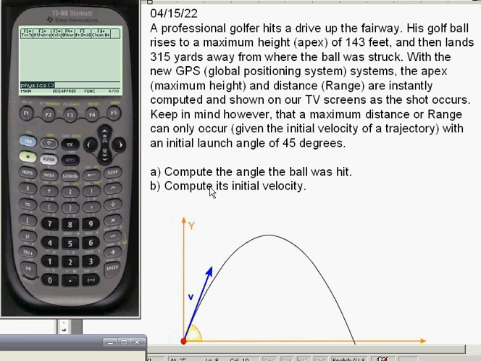So it's a big deal in physics that you know that 45 degrees is the farthest range you can hit when dealing with trajectories. That's on every test, and what you should just know is common knowledge in physics.